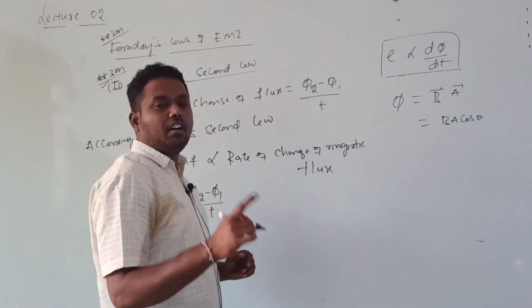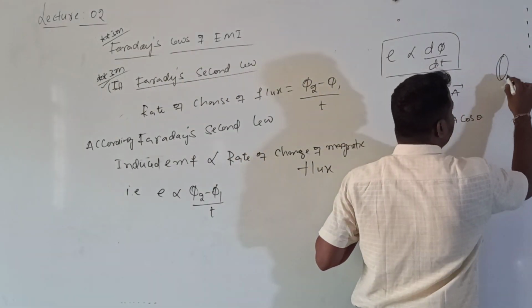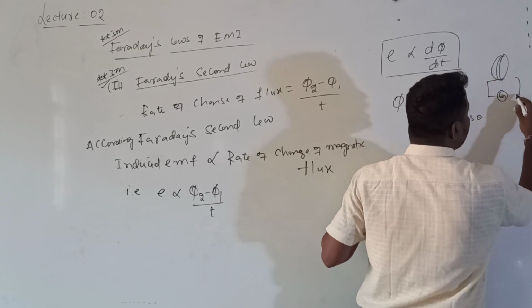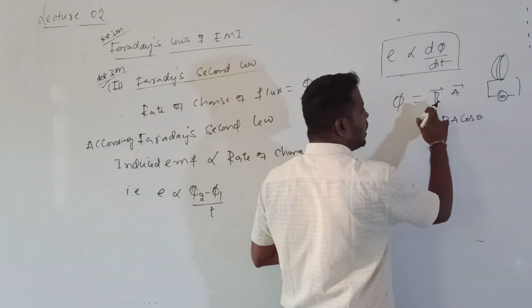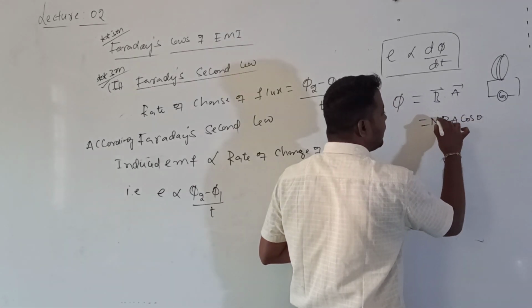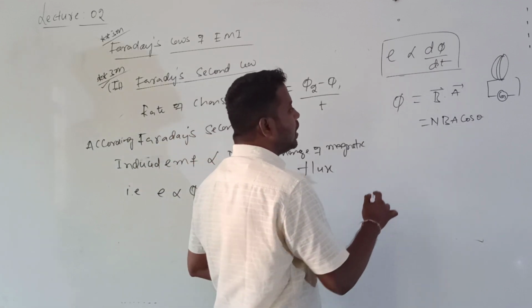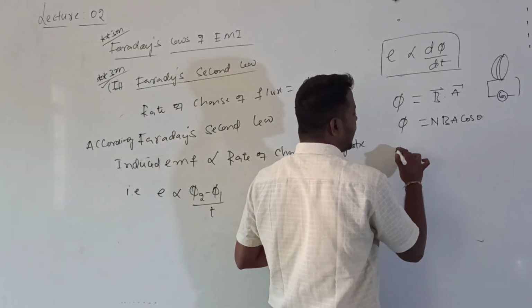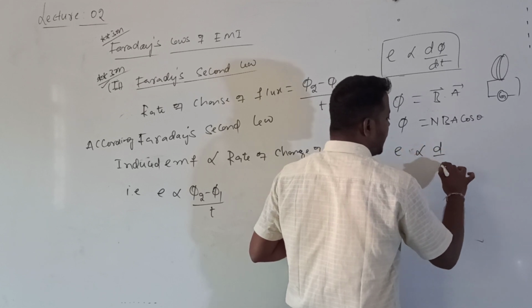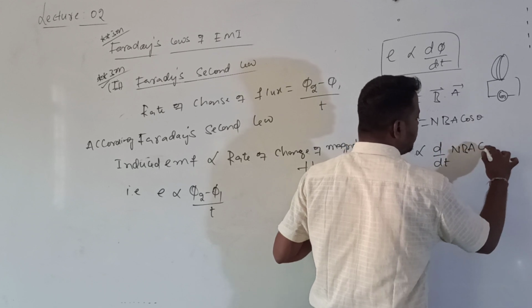This is the formula for a coil of 1 turn. But if the coil has n number of turns, with 1 turn, magnetic flux is B into A into cos theta. For n turns, N into B into A into cos theta. Understood? So then, what can I write for E? E is directly proportional to d by dt of N into B into A into cos theta.